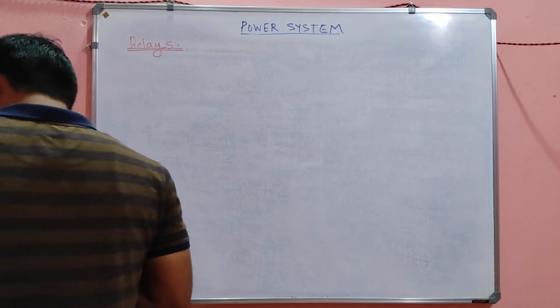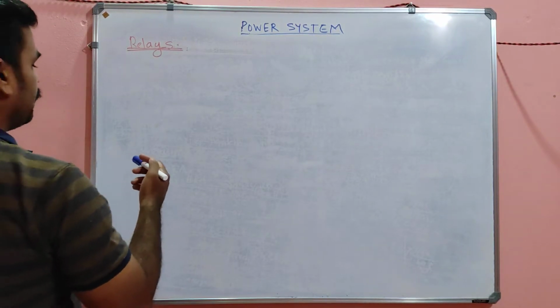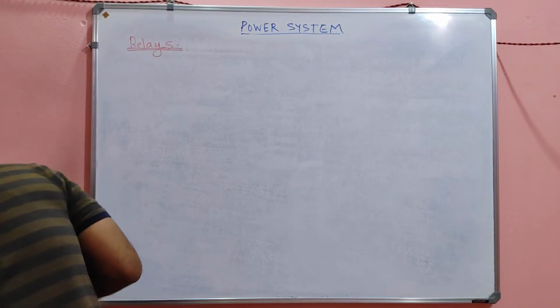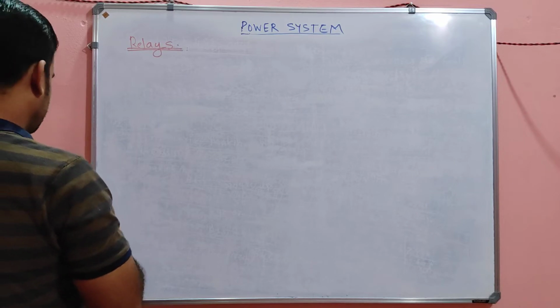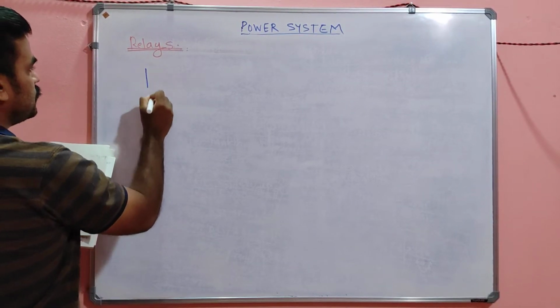Now we are going to discuss the basic principle of operation of a relay. For that I am going to recollect our basic diagram that was already discussed. I will draw it once again, just briefly, to get a small idea.